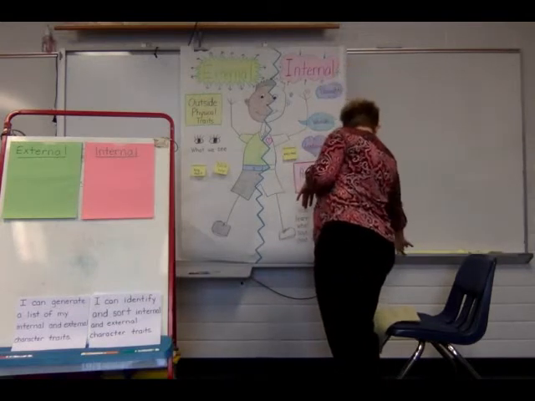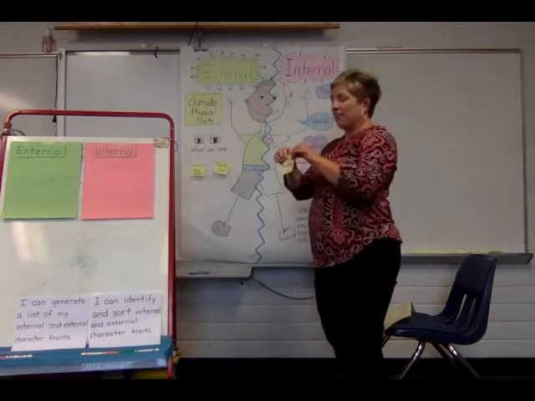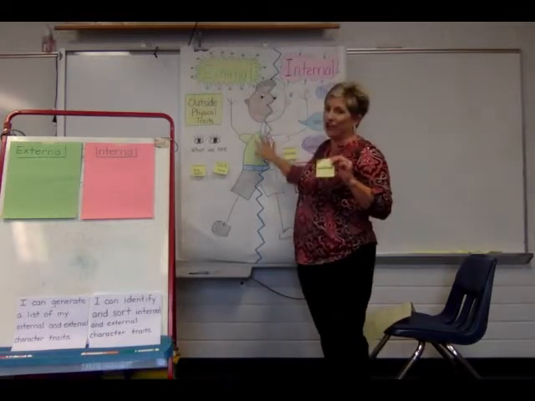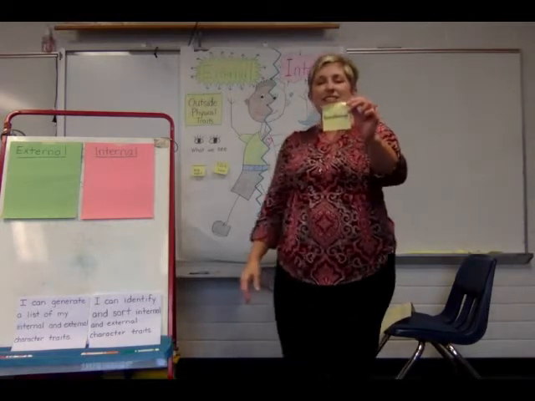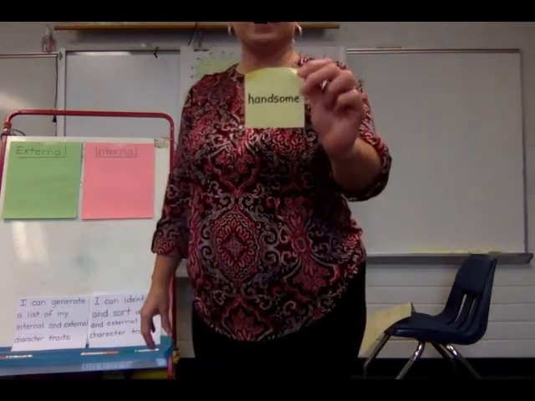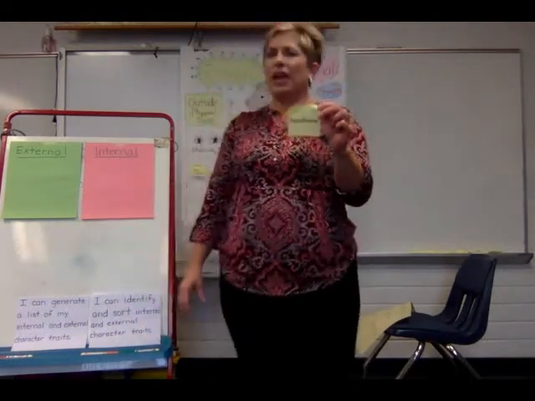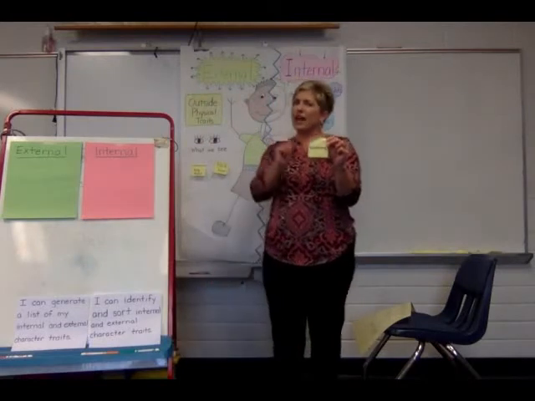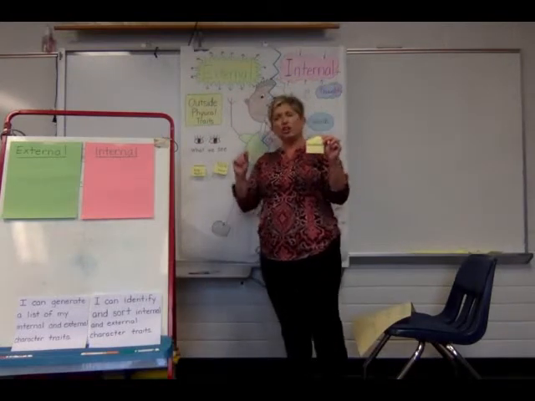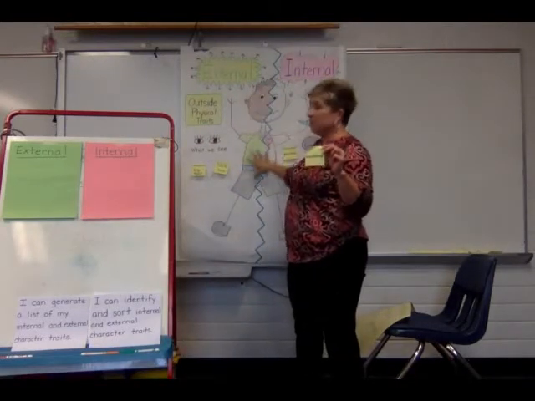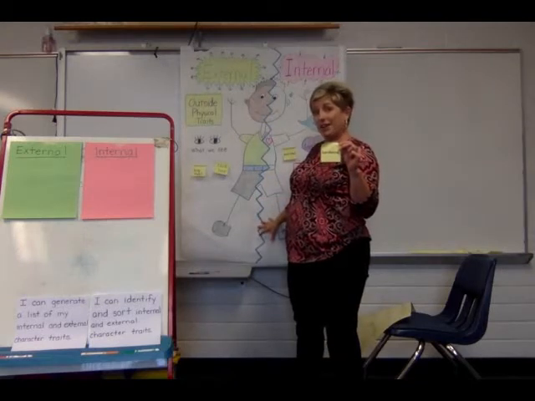So let's try this very first one. This is a great word to describe Brian. This is the word handsome. Handsome. Now, I want you to ask yourself this question. Can you see if someone is handsome on the outside?